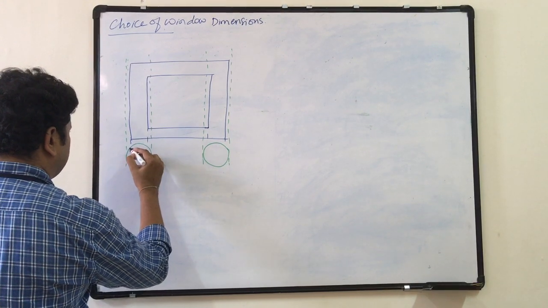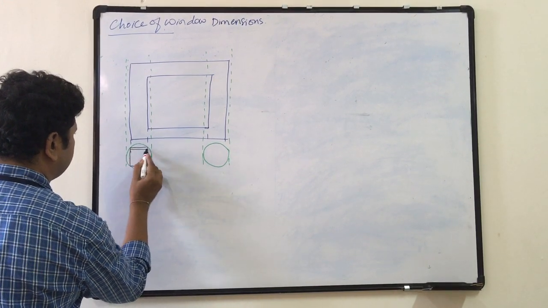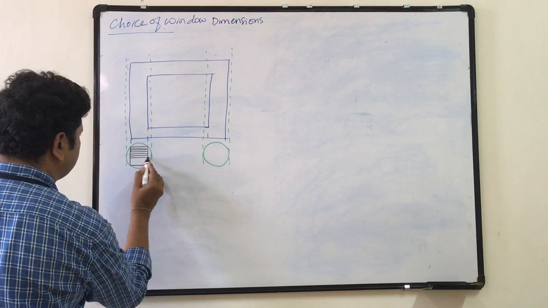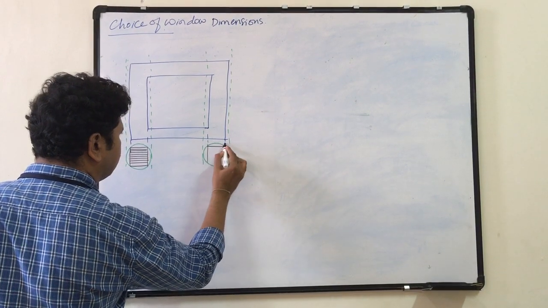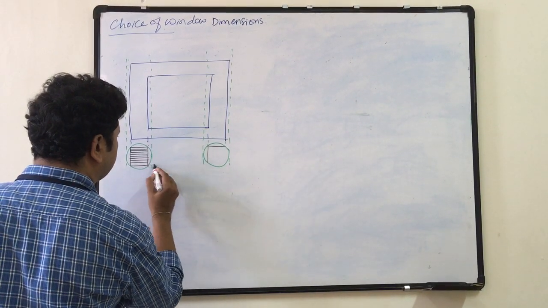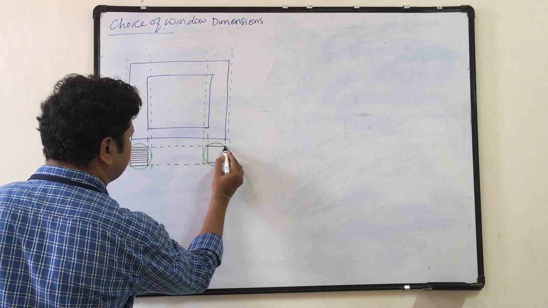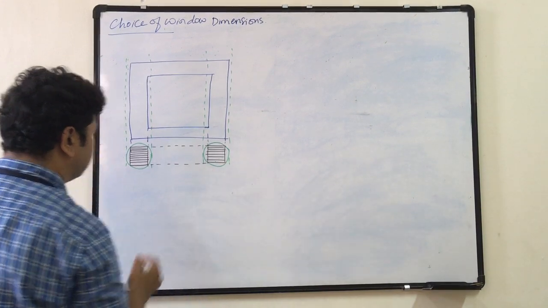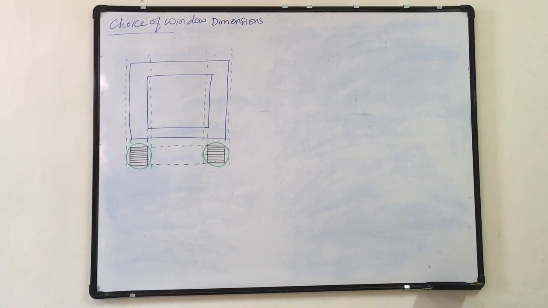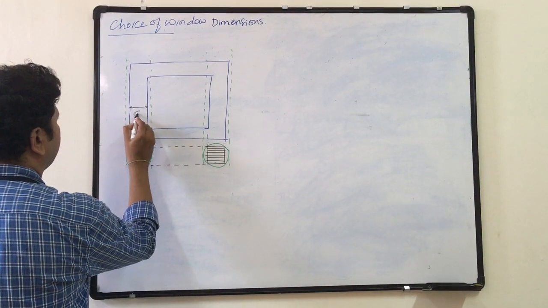This is the core. Now we know that the width of the largest stamping, or width of core, is a.